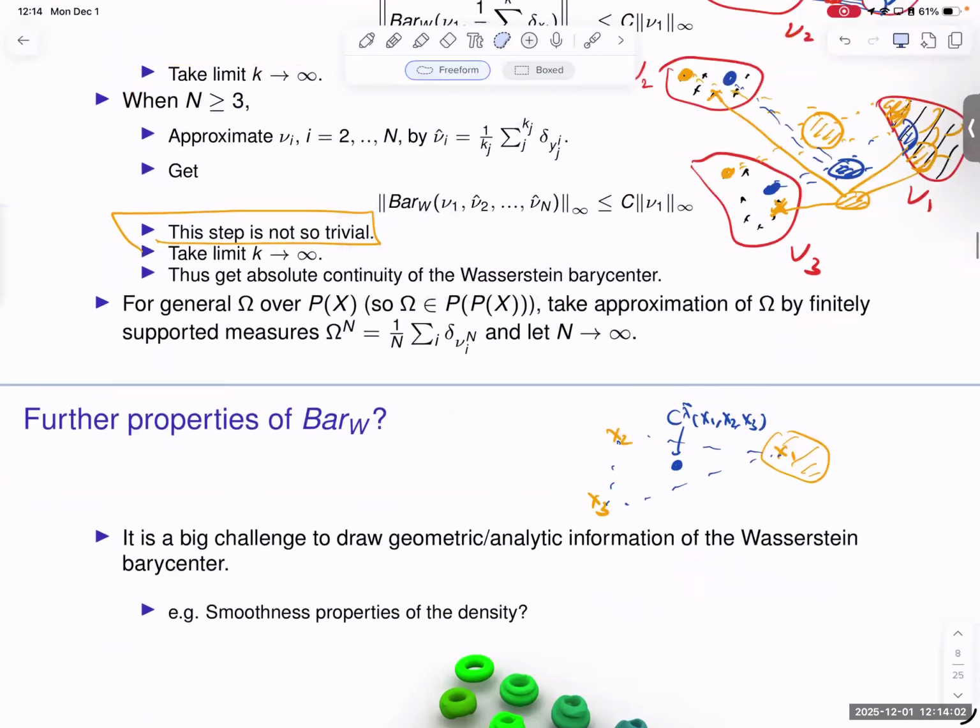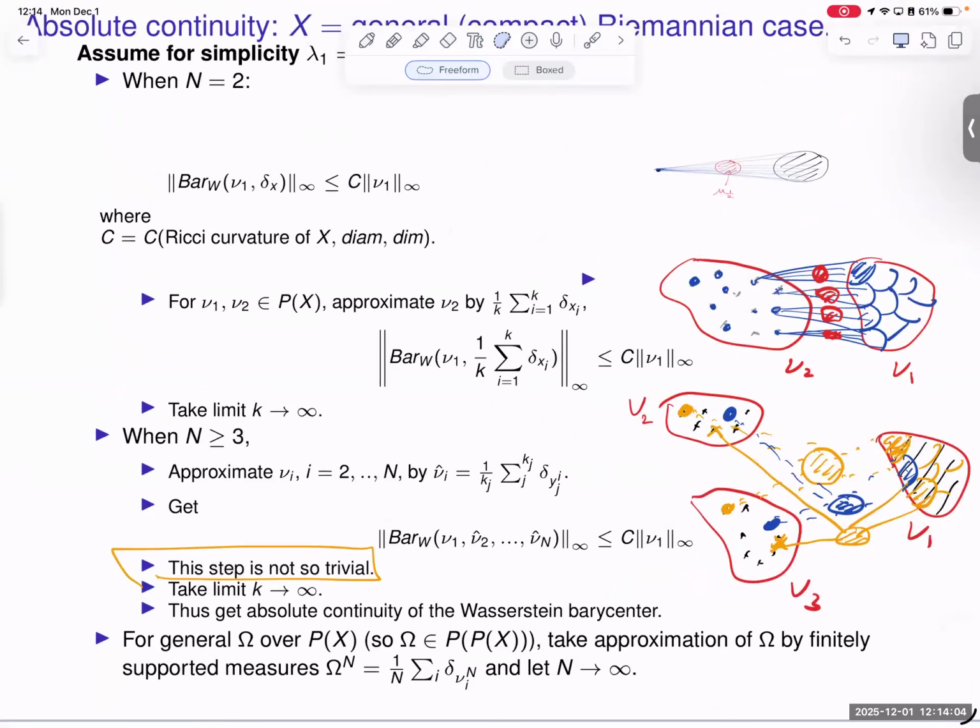Okay, so now we know the absolute continuity of the Wasserstein barycenter, maybe under some very general conditions. Then the next question could be about any further properties. Remember, we view this Wasserstein barycenter as a function from omega to the corresponding Wasserstein barycenter.